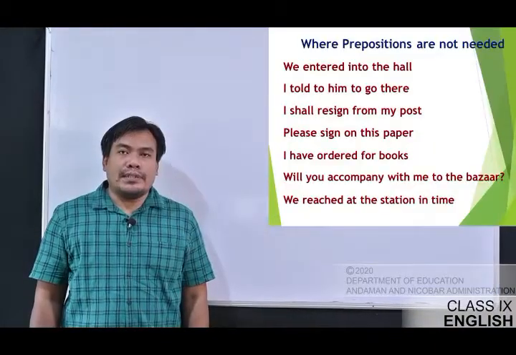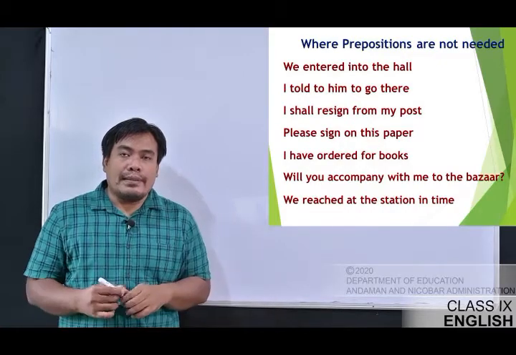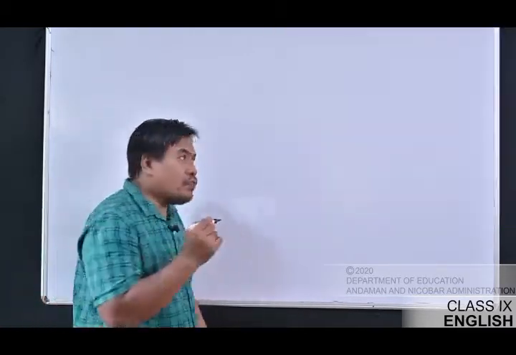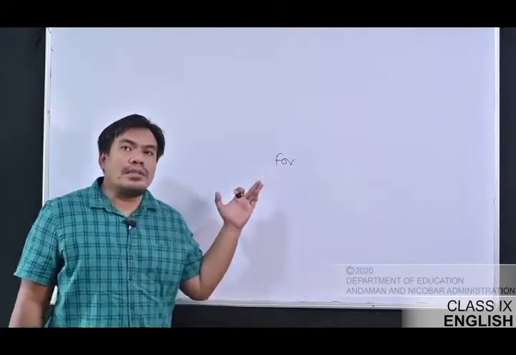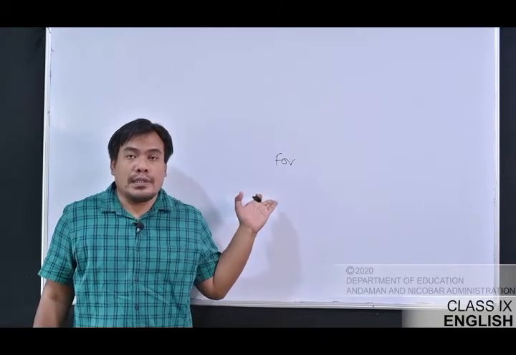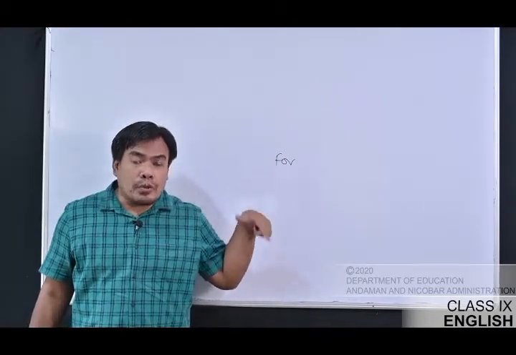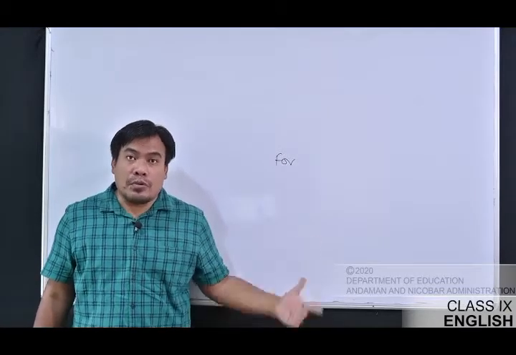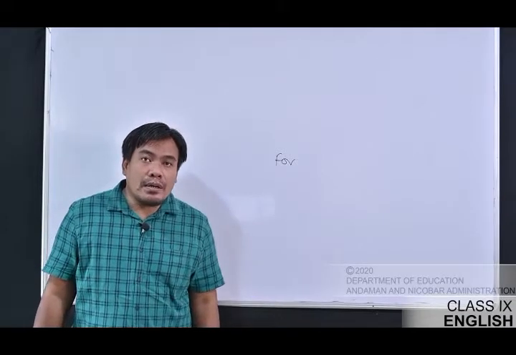The next sentence which is there on your screen, I have ordered for books. In that sentence, that preposition for has to be removed. It has been unnecessarily used over there. So you should not use it in the sentences. It has to be, I have ordered books, not for books. I have ordered books. In the same way, will you accompany with me to the bazaar? Oh, come on.